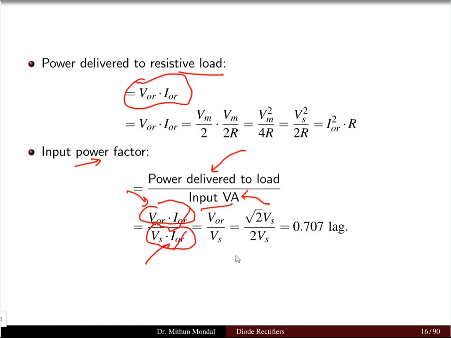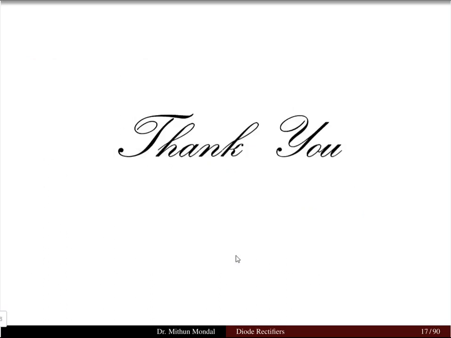If we do that, the current will cancel out. So it is VOR by Vs, and the RMS voltage can be written as root 2 into the secondary voltage. So Vs and Vs will cancel out, and you will get the power factor as a constant value 0.707, and this is under lagging condition.